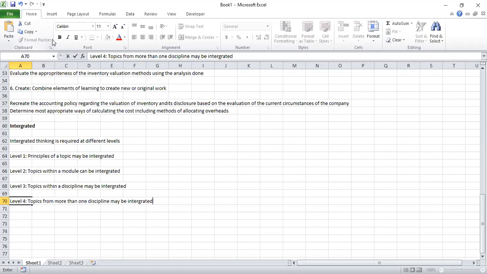We see that our labor efficiency variance is very, very poor. What might be the reason? Maybe our employees are not doing their jobs very well. Where is the source of the problem? Can we go back and look at how we are recruiting our employees? Are we recruiting properly in the first place?